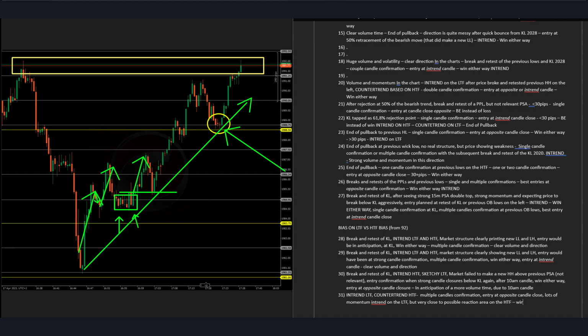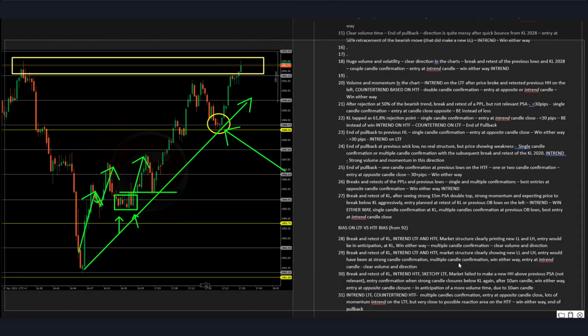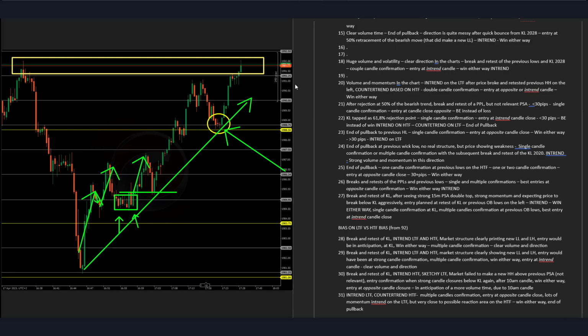We need a way, and what else? Of course, it's a break. This is more of a break and retest. Break and retest, I will call it like this. I will call it end of pullback. That's also something that is quite nice to see, like this. Okie dokie, perfecto.